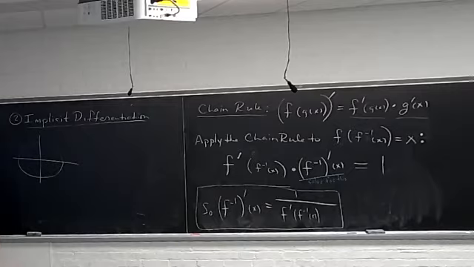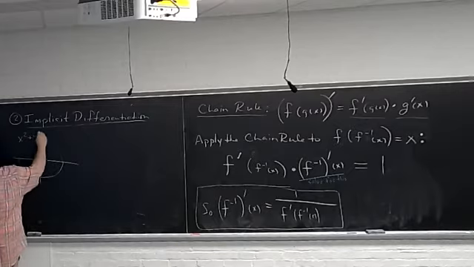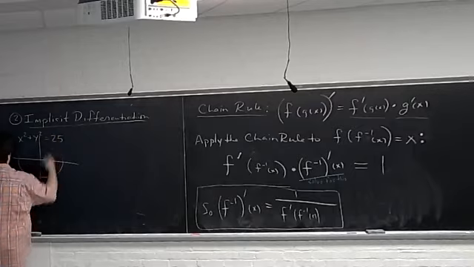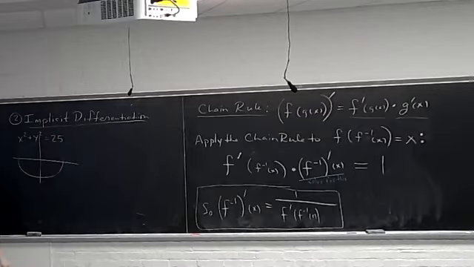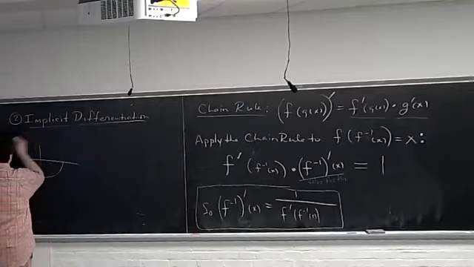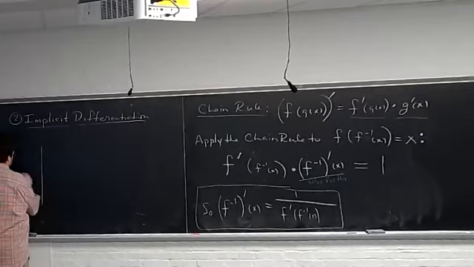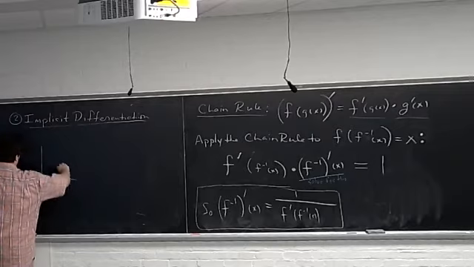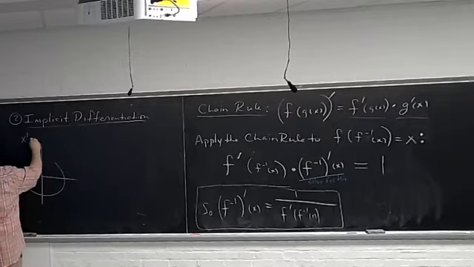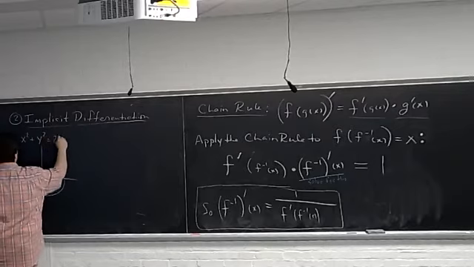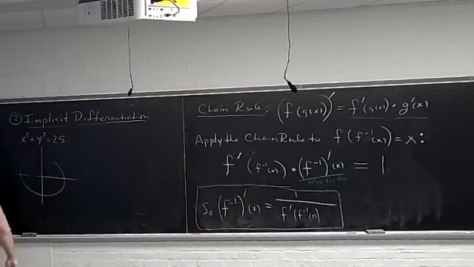Let's call it a circle of radius 5. A circle satisfies the equation x squared plus y squared equals the radius squared. So let's say this one's radius 5. So x squared plus y squared equals 25.